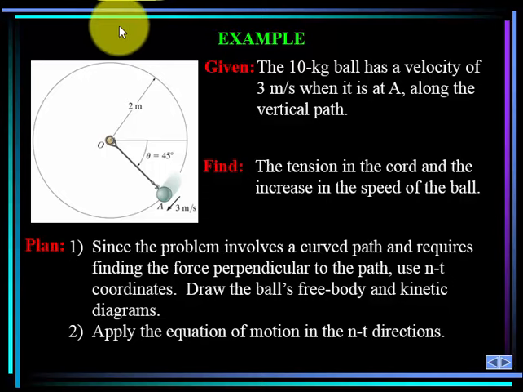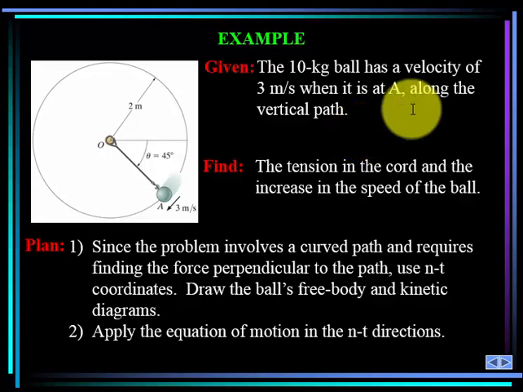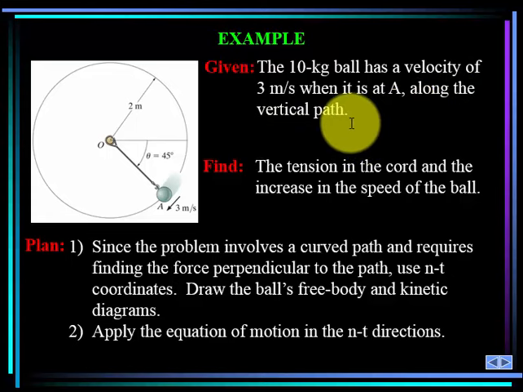But this implies we might be doing some integrating or taking derivatives to relate accelerations to velocities or positions. So in an example, a 10 kilogram ball has a velocity of 3 meters per second when it is at point A. Notice point A is located 45 degrees down from the horizontal, and it's moving along the vertical path. This circle is not happening on a flat table. This is more like a Ferris wheel where we are rotating in a vertical plane.